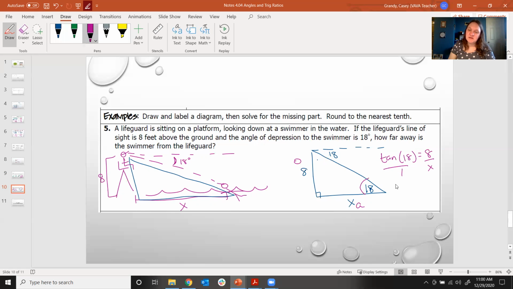Cross multiply. 8 equals x times the tangent of 18. Divide both sides by the tangent of 18. And in my calculator, I'll type 8 divided by the tangent of 18. So our answer is about 24.6 feet.